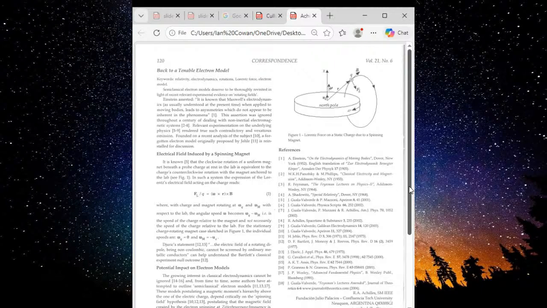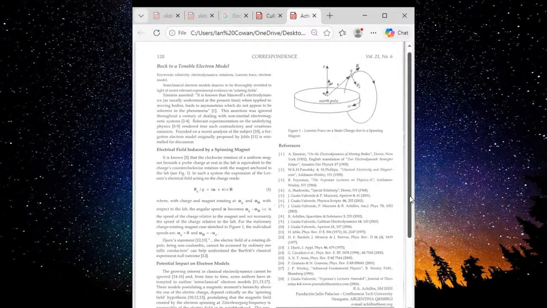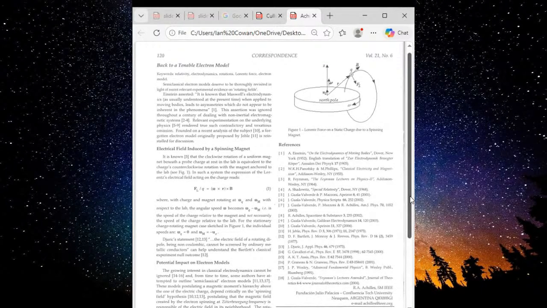So you can see in the diagram in the upper right-hand corner, they introduce a test charge, and if the magnets are rotating, it affects the test charge differently than if the magnet is not rotating about its axis of symmetry.